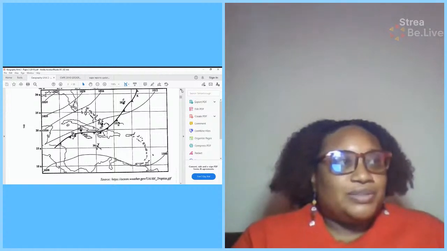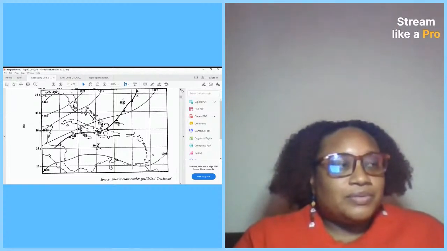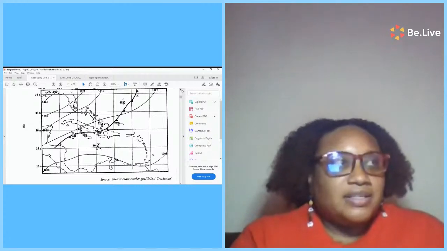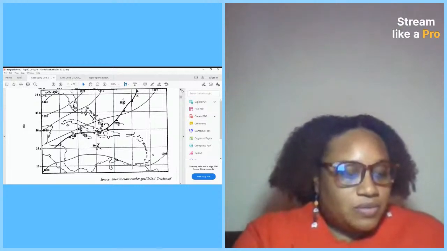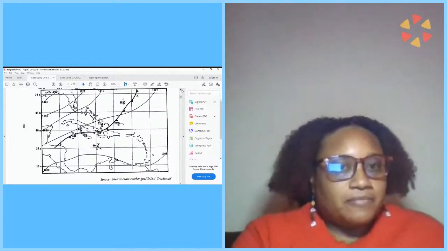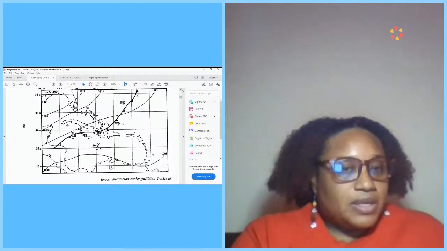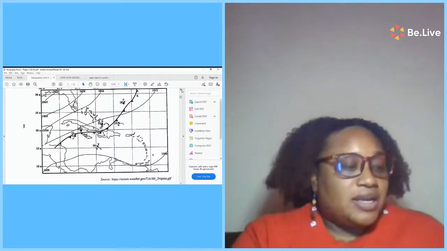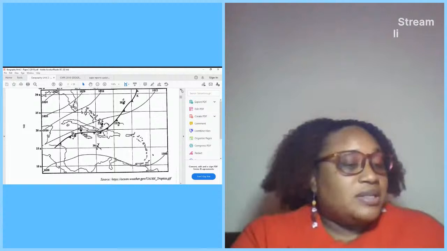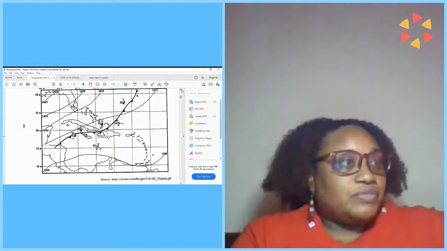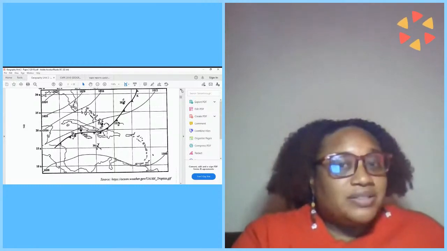I need you all to type the answer in the chat for me, please. So this is called a synoptic chart, and you have to be able to read the symbols and identify what the systems are. So it's a front, but what type of front?